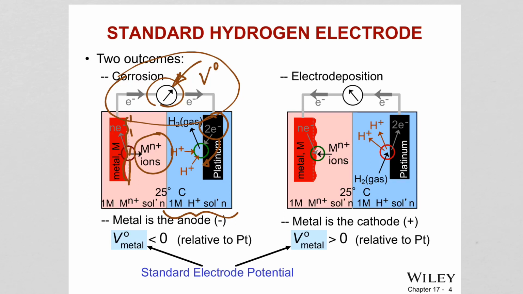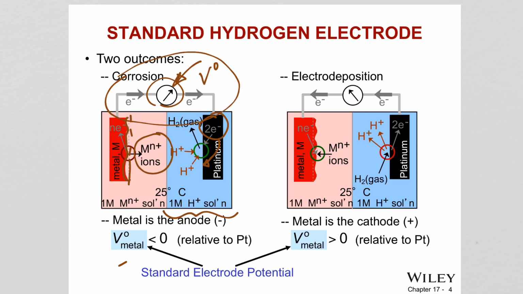And if the metal, relative to platinum, has a potential smaller than 0, meaning it is negative, if the voltage you are measuring is negative, then it is the anode.